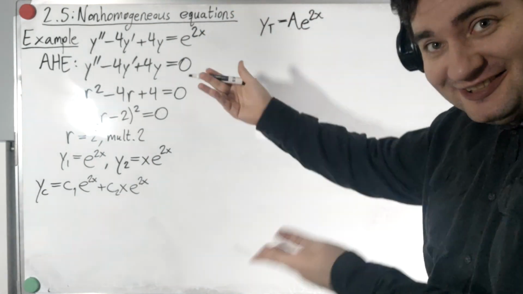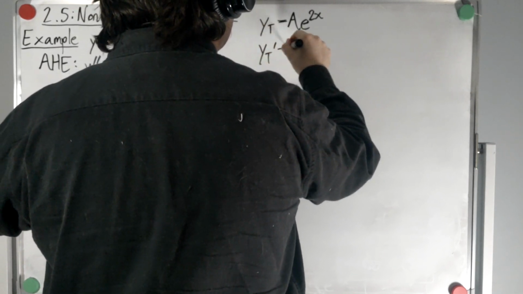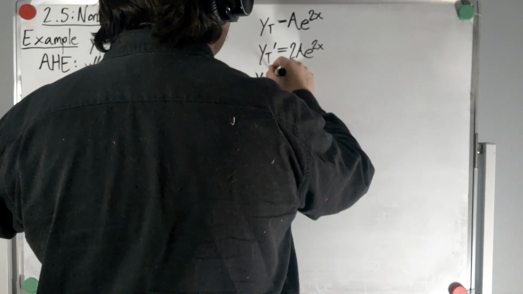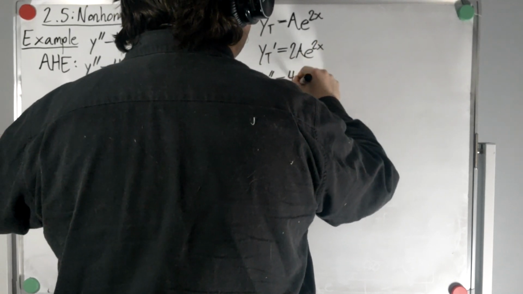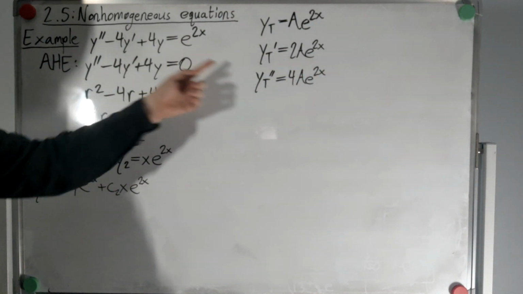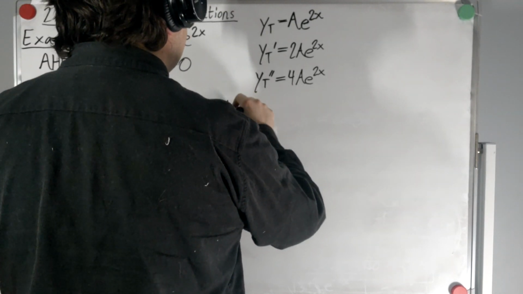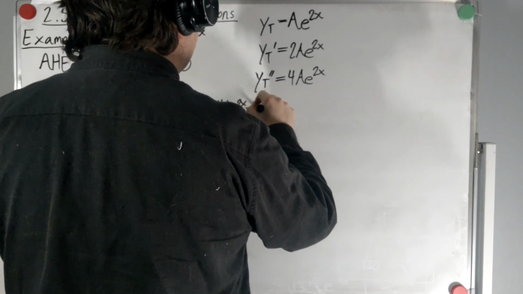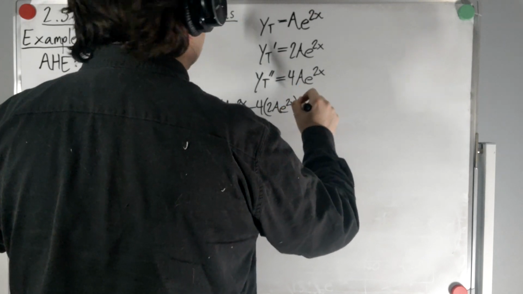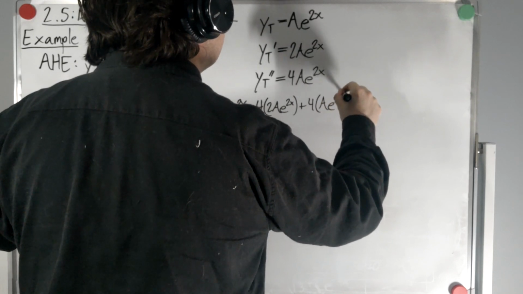Don't take my word for it. Let's actually do it. So yp' is going to be 2a e^(2x), and yp'' is going to be 4a e^(2x). You put that into this ODE right here, you get 4a e^(2x) - 4 times 2a e^(2x) + 4 times a e^(2x).